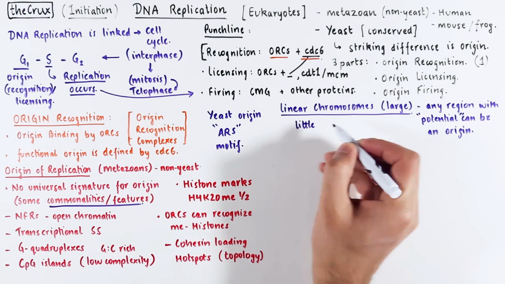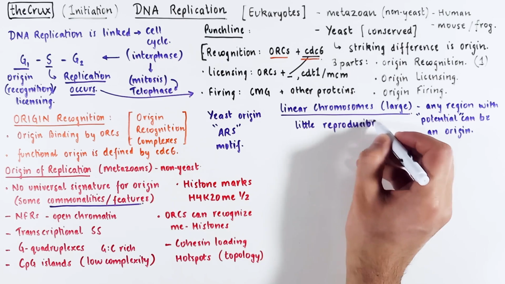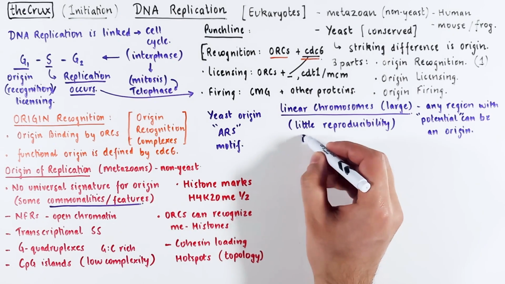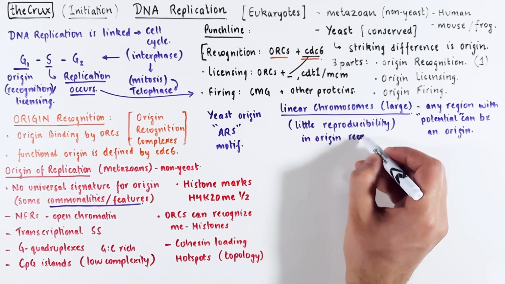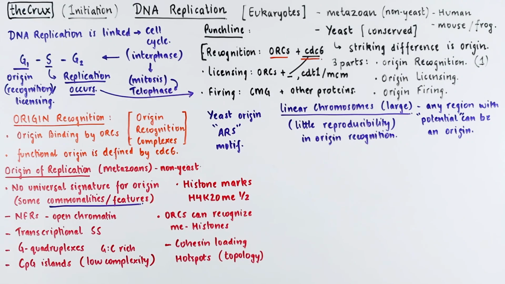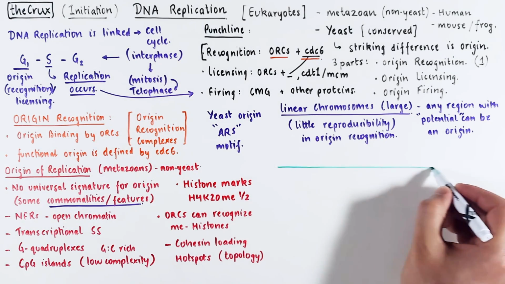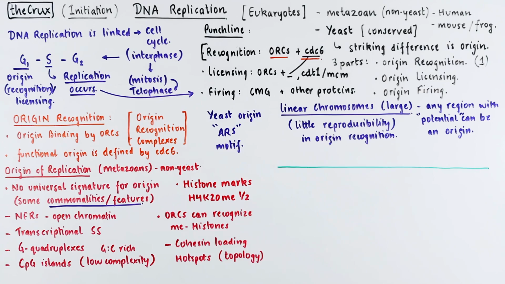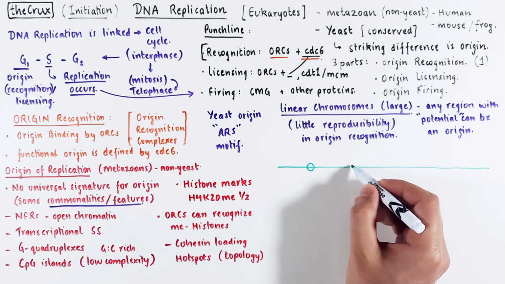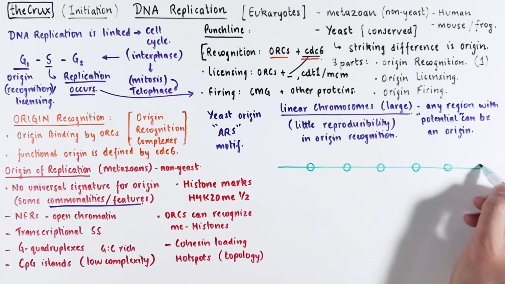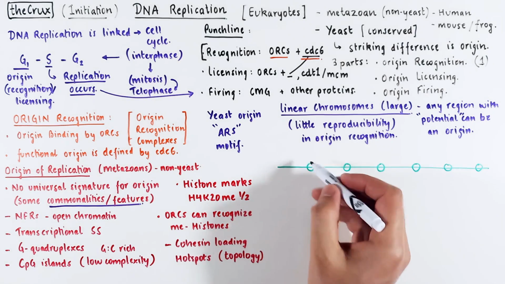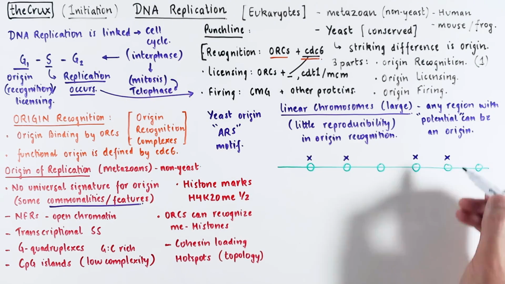All this jargon is to say that there is little reproducibility in the way origins across chromosomes are recognized and used. Let me illustrate. Say this piece of very long DNA has certain regions recognized by ORCs as origin of replication. But when it comes to usage, most of these are never used.